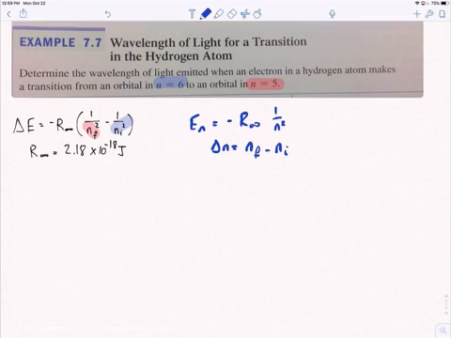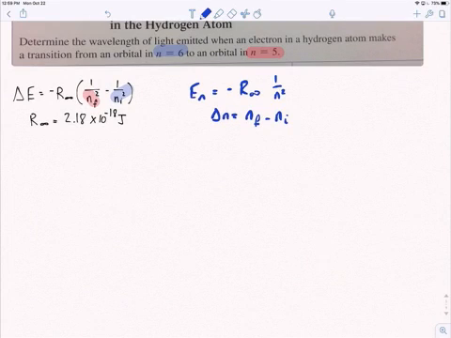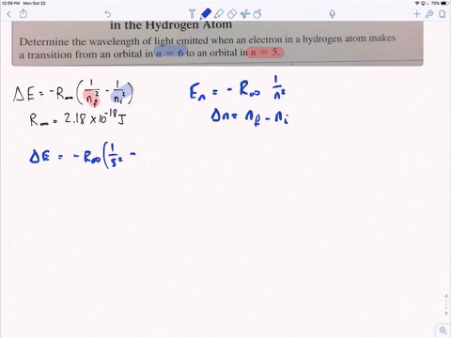So we do that. So the delta E, we have to do 2 problems here. We have minus the Rydberg constant, 1 over 5 squared, since final is 5, minus 1 over 6 squared.